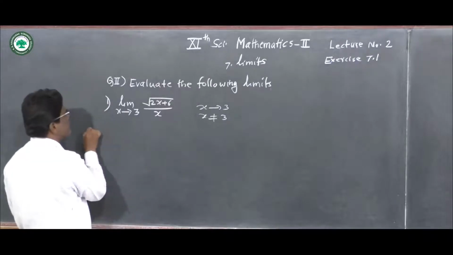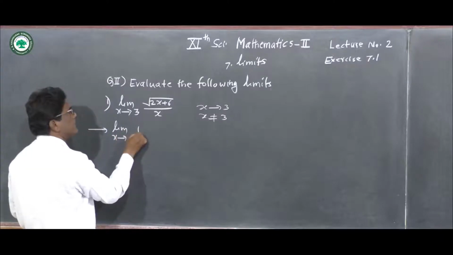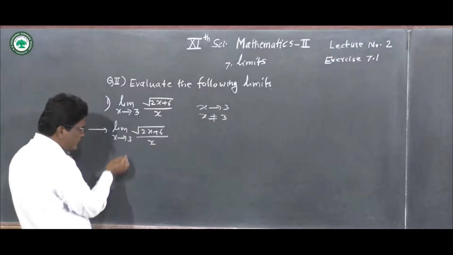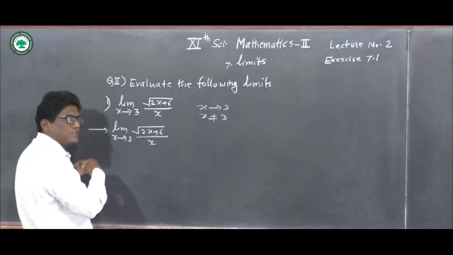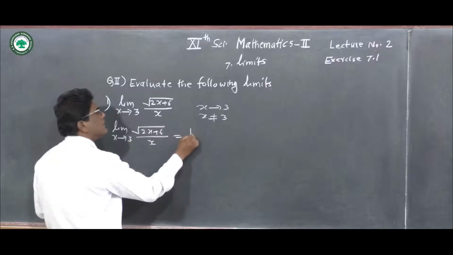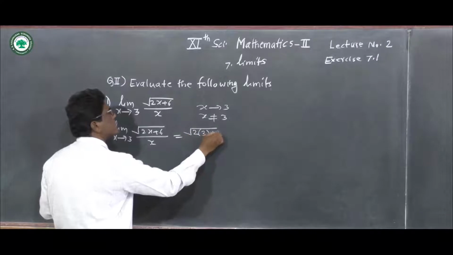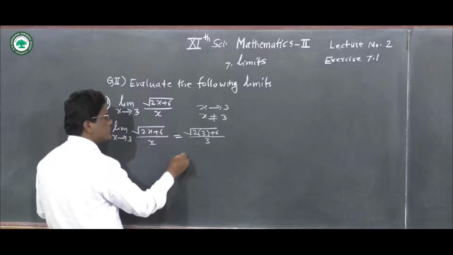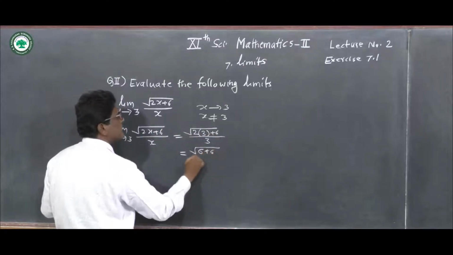So for the solution, firstly write the given problem, that is limit x tends to 3 of under root of 2x plus 6 divided by x. When we put x as 3, the denominator is not 0, so we directly put the value of x as 3. So this is equal to under root of 2 into 3 plus 6 divided by 3. 2 threes are 6, plus 6, divided by 3.